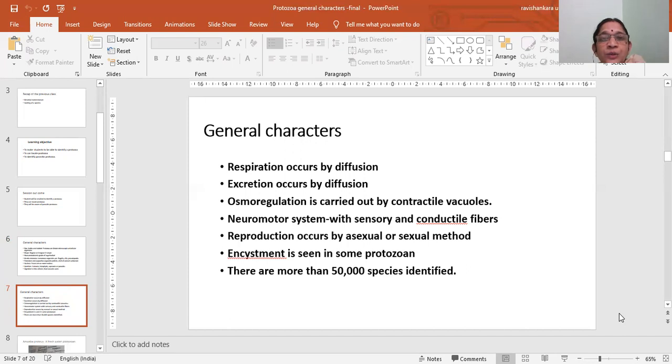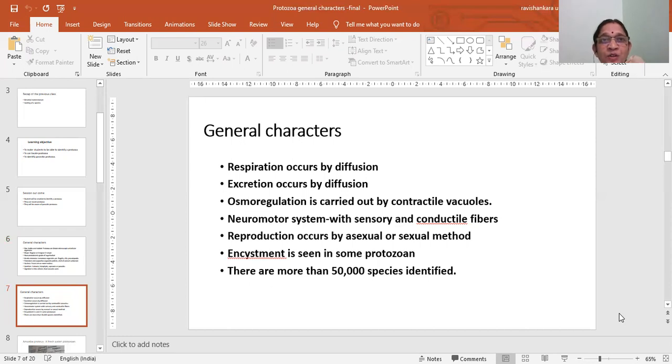Next, coming to the maintenance of osmotic balance inside the cell, that is called osmoregulation. The water content inside the cell has to be managed. Water is something which will pass passively to the cell from the medium, especially in freshwater protozoa. So passive movement of water into the cell takes place through the membrane, which is osmosis, endosmosis.